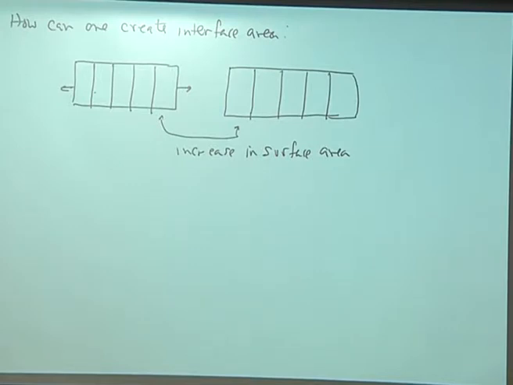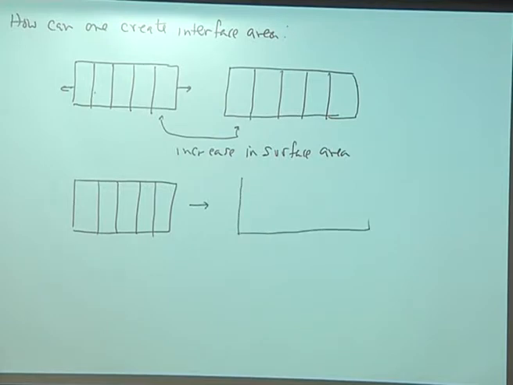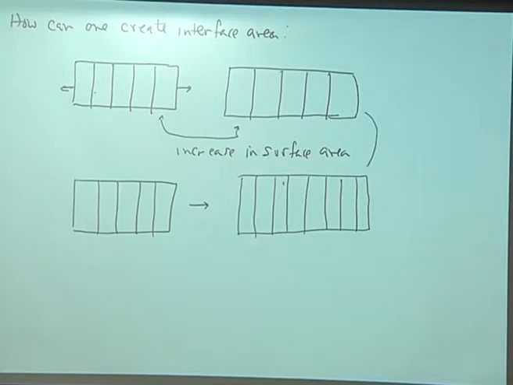The other way you can create interfacial area is to start with this and go to this. Okay. These two areas are the same, but the way you got there is entirely different.